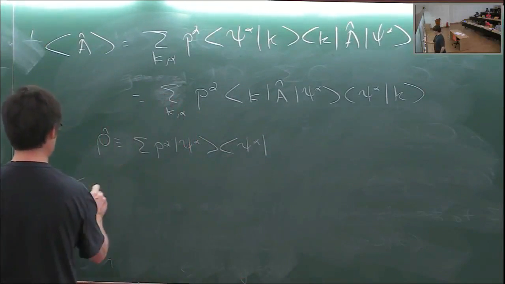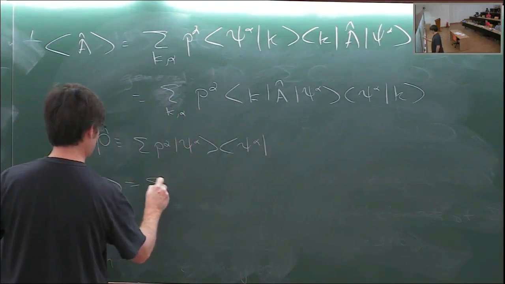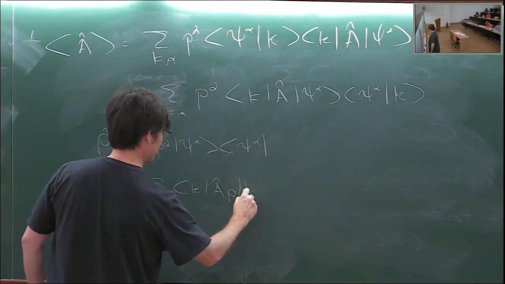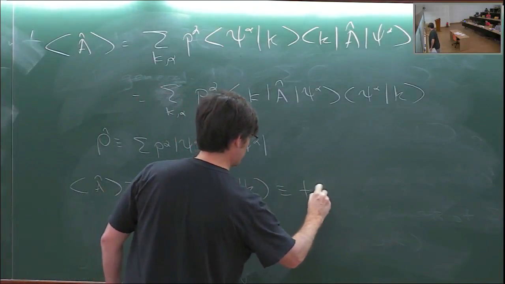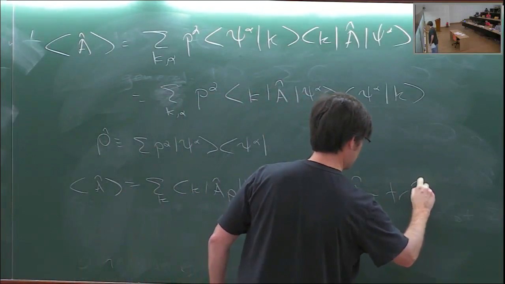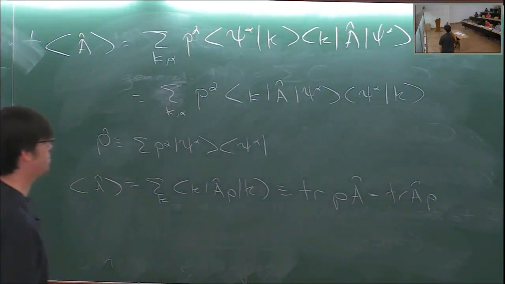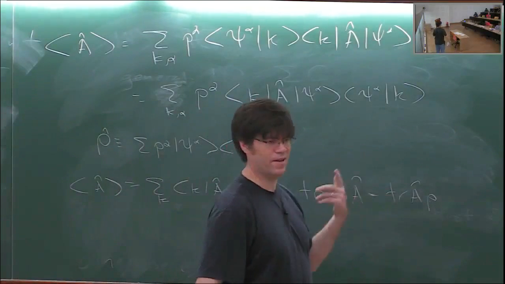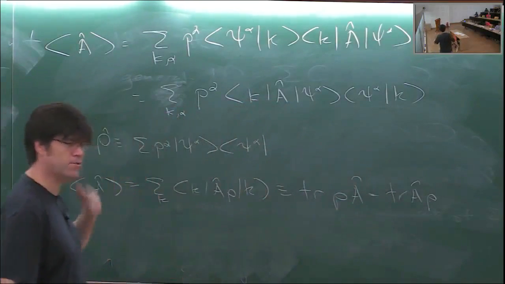And so the expectation value of A hat is the sum over k of <k|A hat rho hat|k>, which is just the trace. And this is just a fact about traces, that I can cyclically permute the matrices inside a trace.